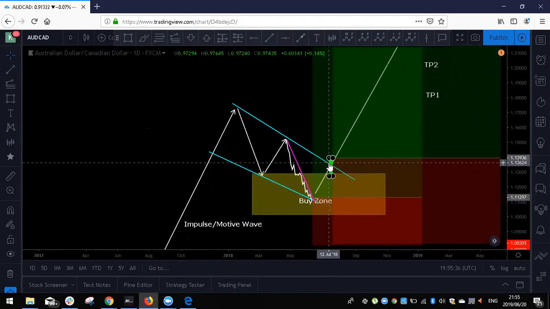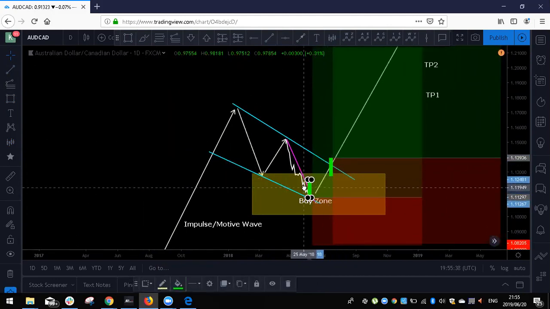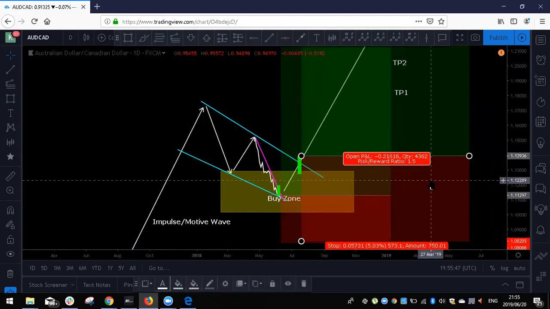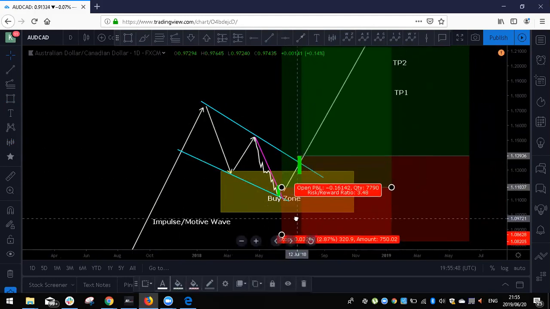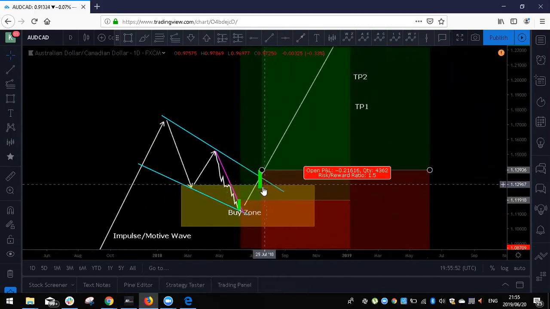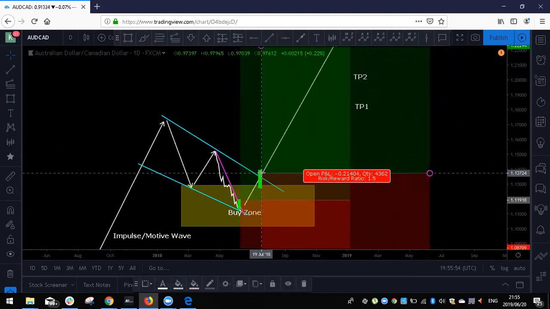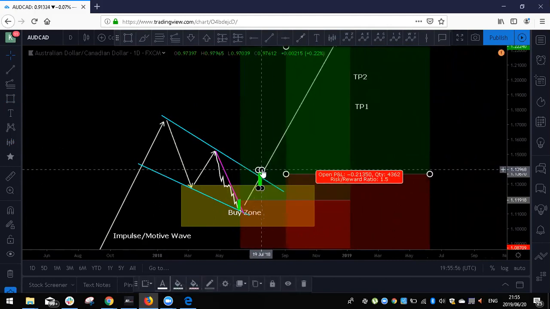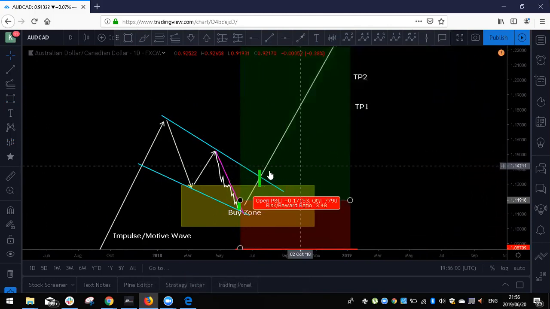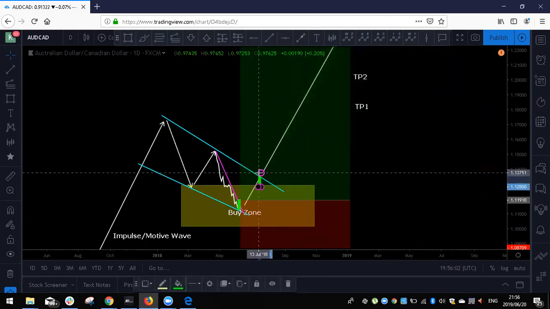So I'm gonna take my trade if I get a breakout from in there. Can you see? Yes. So my first entry will be right there, and then this will just be my second entry.